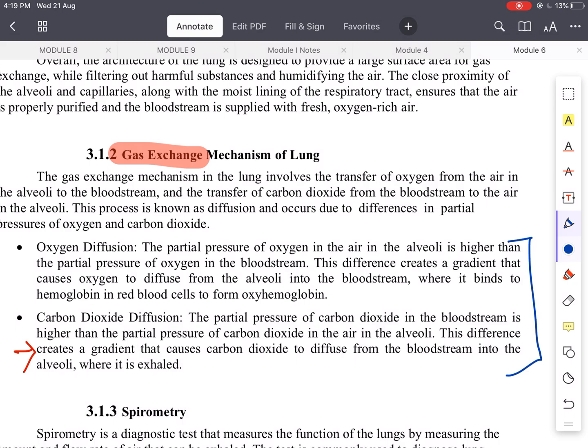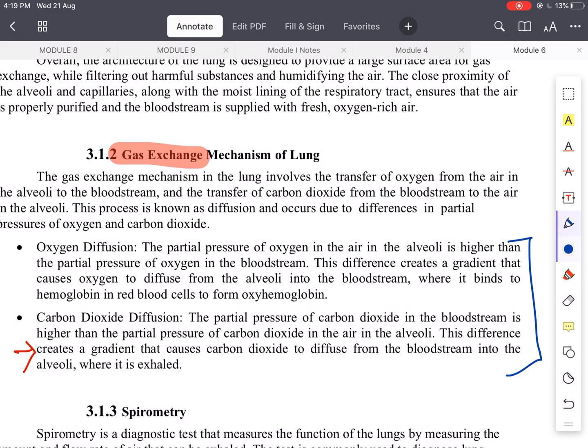How do we summarize it? Once I inhale the air, it reaches the alveoli. Our bloodstream lacks oxygen and has abundant carbon dioxide. The air in the alveoli has more oxygen and less carbon dioxide. So in both cases there is a difference in gradient.